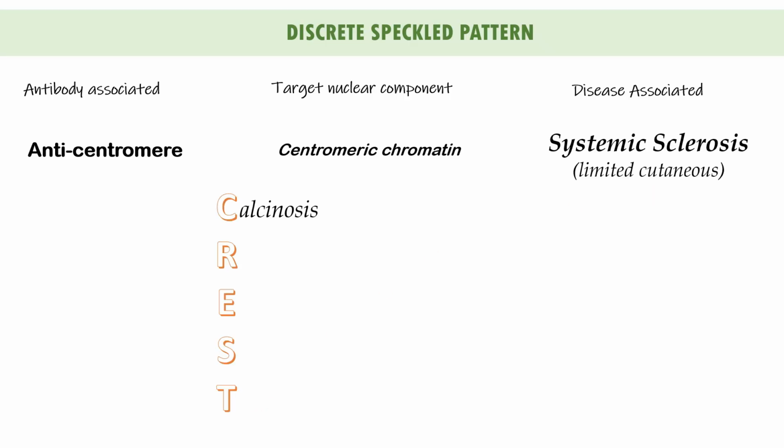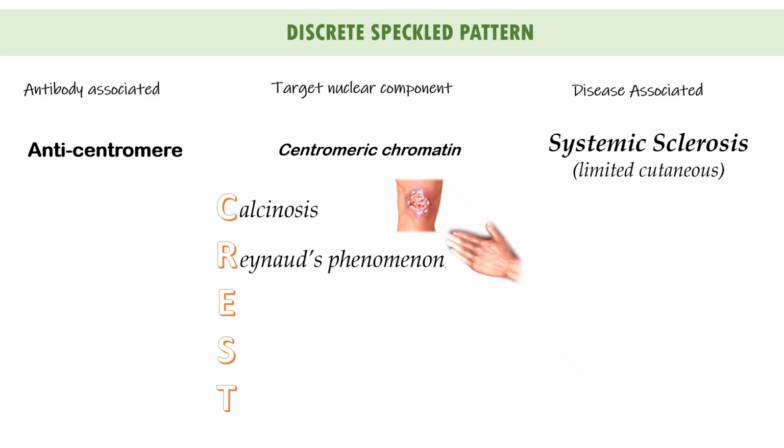C stands for calcinosis, which is associated to calcium deposits in the skin. We also have the Raynaud's phenomenon associated with the spasm of small blood vessels, particularly of the fingers, that may cause skin discoloration. Next, we have esophageal dysfunction, which could result in acid reflux and decreased motility along the esophagus.